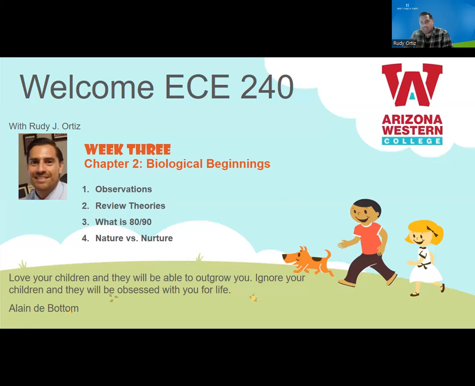Time, commitment, understanding the power of brain development and how we can use science and our ability to enhance the relationships, our teaching, that only can support a child's opportunity of 80-90, that puts them on a pathway to success. That's what this class is about.